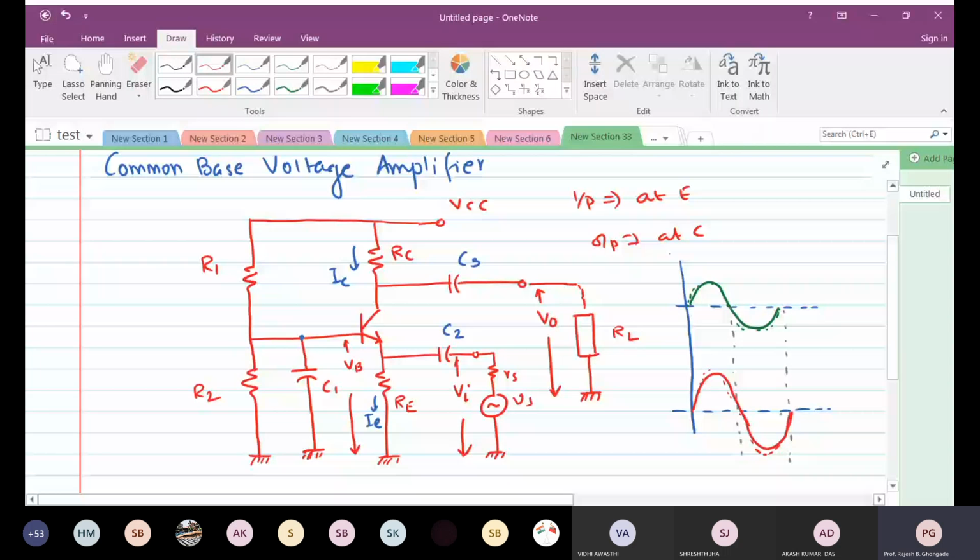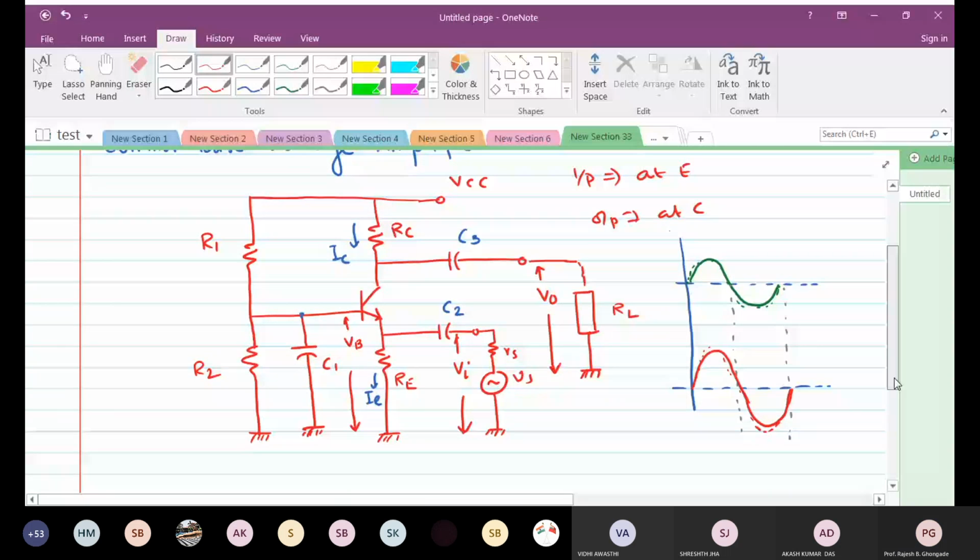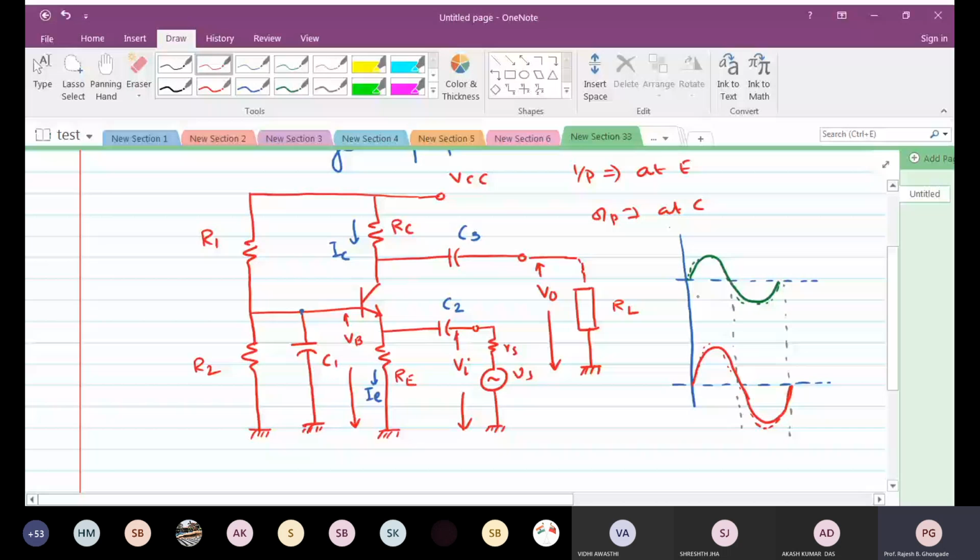So immediately, what is your conclusion by looking at this figure itself? This is your input. This is your output. What conclusion can you draw by simply looking at the input and the output waveforms?